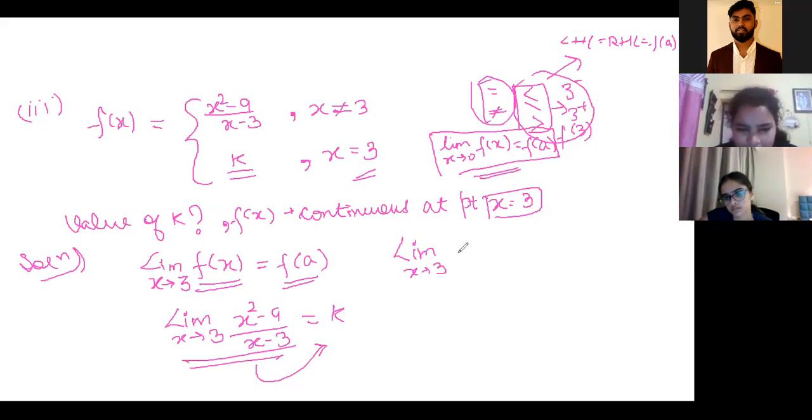So x square minus 9. How can I simplify it further? You might have heard about the formula a square minus b square is equal to a minus b, a plus b, right?